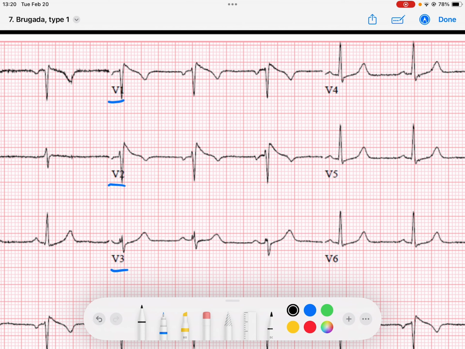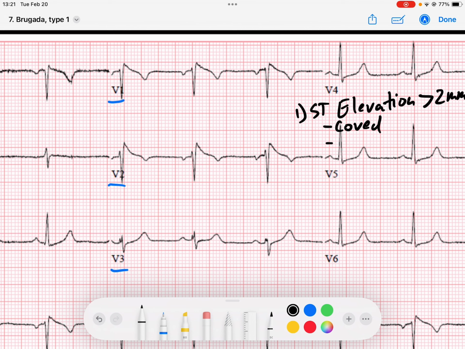The first finding is that we will have in either V1, V2, or V3, ST elevation greater than 2 millimeters. And a couple of things about that ST segment elevation is that it will be coved, which I will explain to you in a little bit.